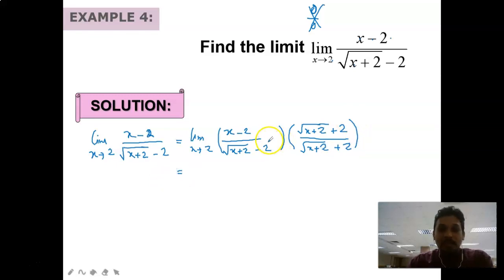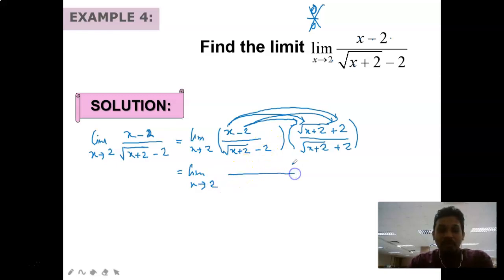Then, now we multiply one by one: x multiplied with this, x multiplied with 2, then negative 2 times square root of x plus 2, and negative 2 times positive 2. And also here, so we come out with the limit as x approaches 2.